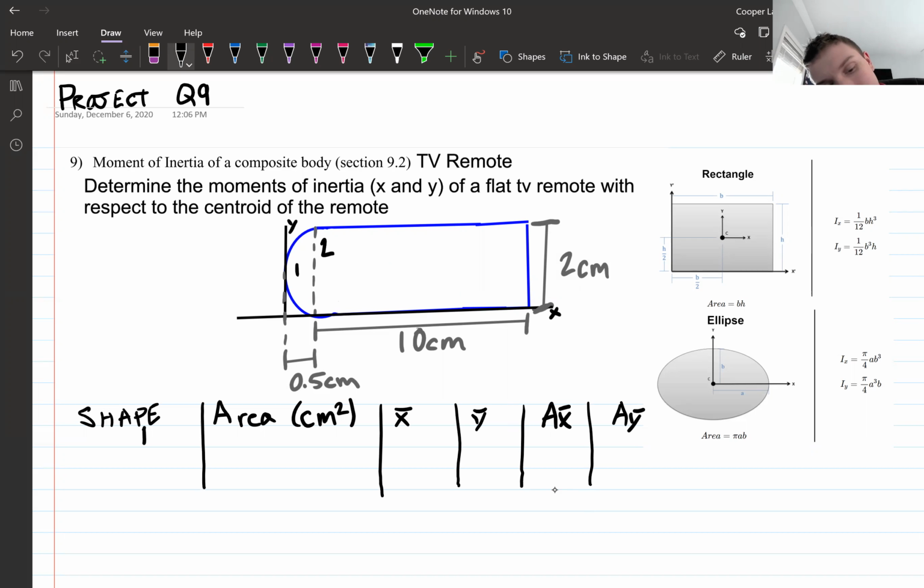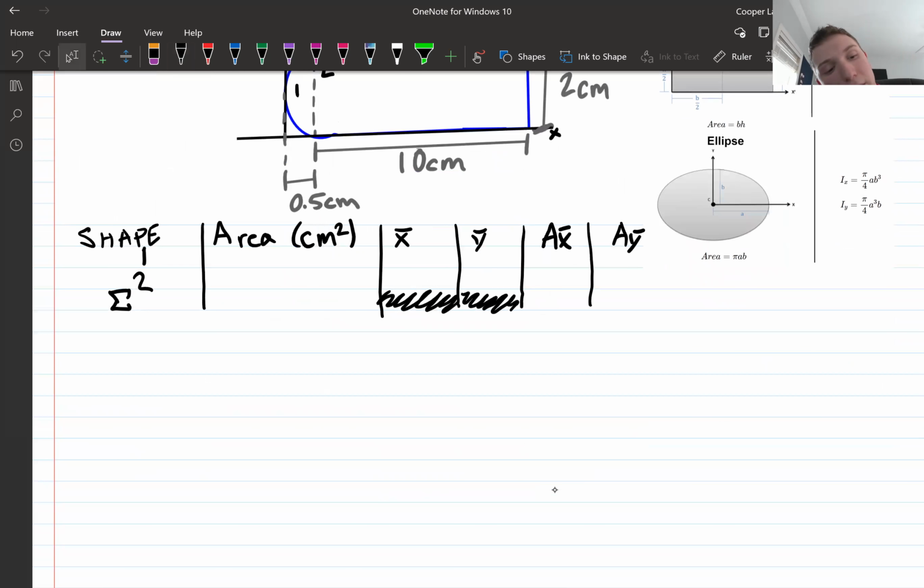So we have shape 1, shape 2, and then sigma for adding it together. For sigma, we're not going to get sigma for our x bar or y bar, because that's not helpful there. When we calculate our centroid, what we're looking for is sigma of A times x bar, or A times y bar, all divided by sigma of A. But let's worry about that later and get started now.